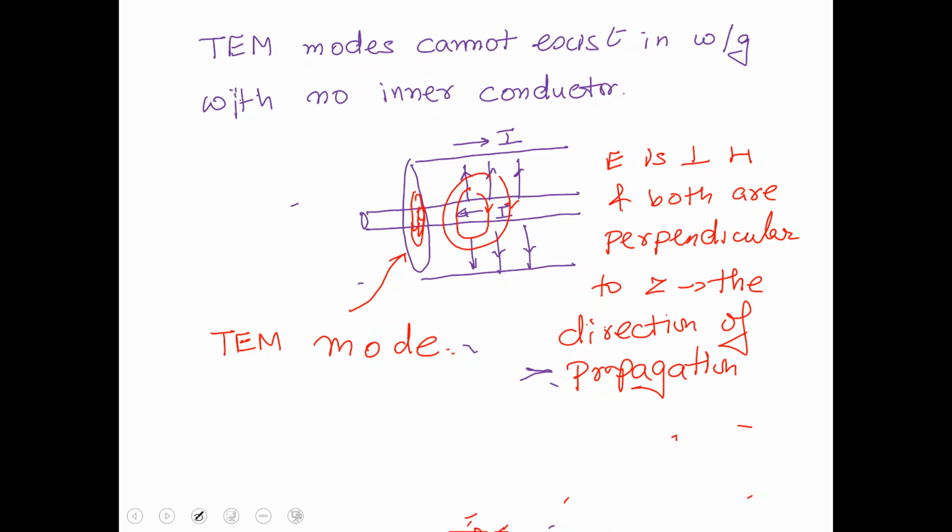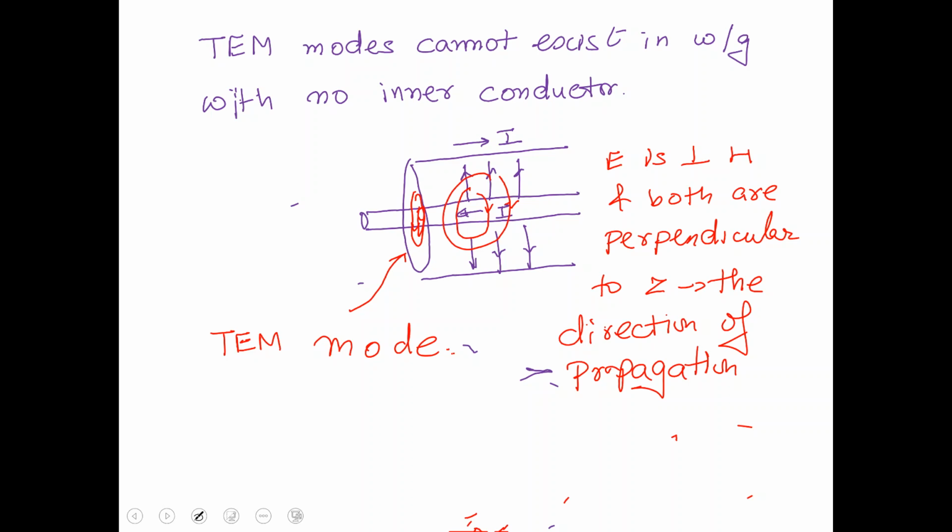And many times, they may not even be pure TE or TM. If you go to dielectric waveguides, it's what we call quasi TE or quasi TM modes. In quasi TE, the EZ component exists, but it's a very, very small component, so we can neglect it for all practical purposes.